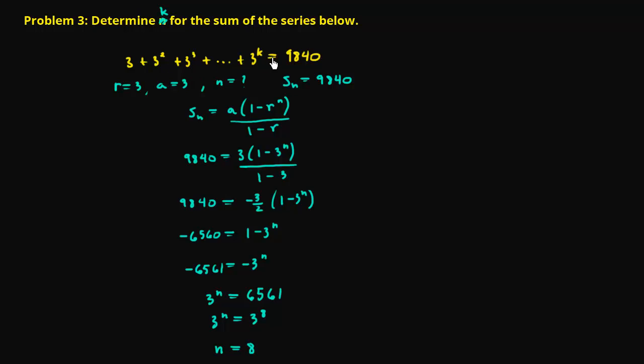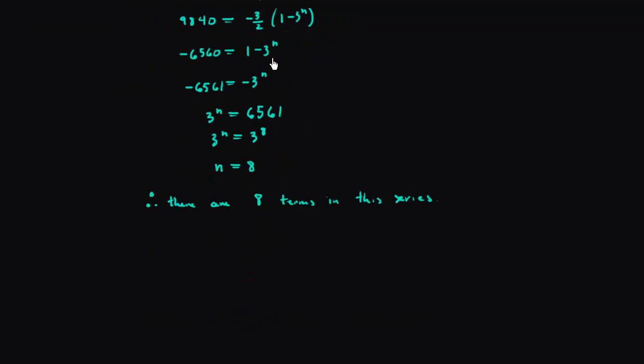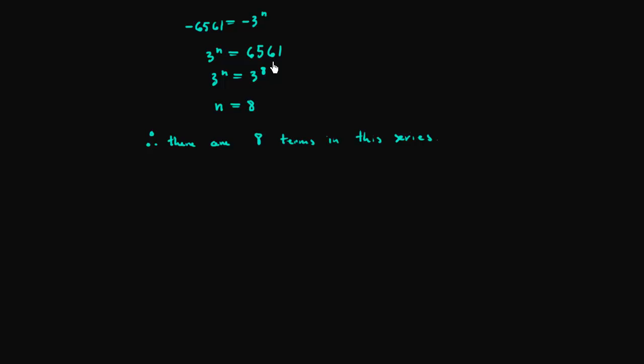So the value of k in the sum, let's think about this. There are 8 terms in the series, and t sub n is equal to a, which is 3, times 3 to the power of n minus 1.